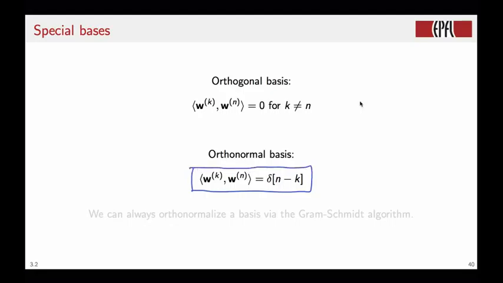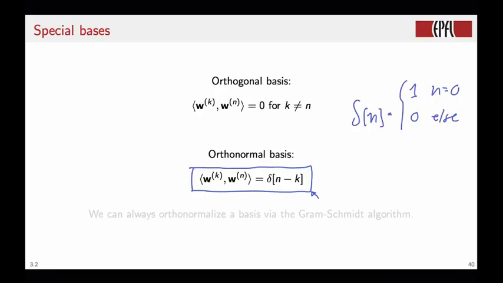Now, the delta sequence that we have seen, let me just remind you, delta[n] is equal to 1 when n is equal to 0 and it's equal to 0 else. And so this formula means that when n is equal to k, this is equal to 1, so the vectors are of norm 1. And when n is different from k, the vectors are orthogonal.